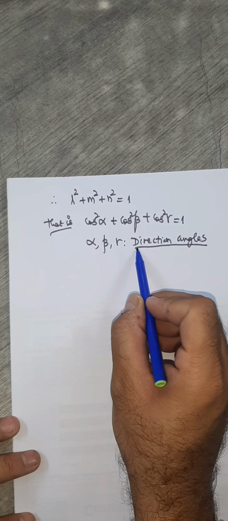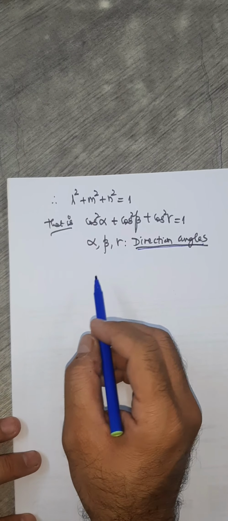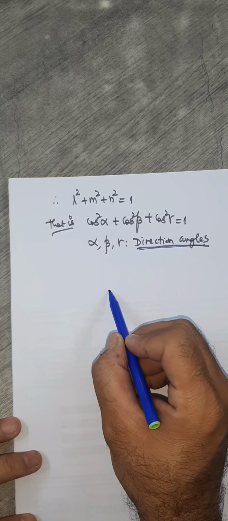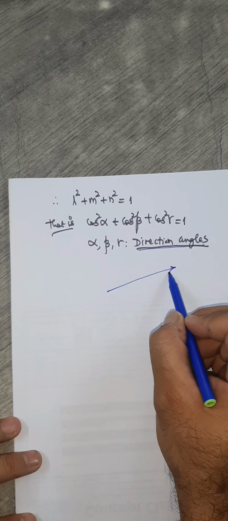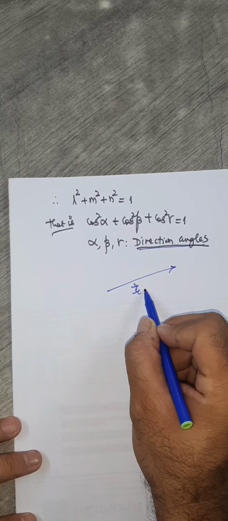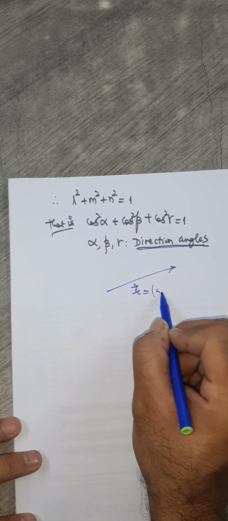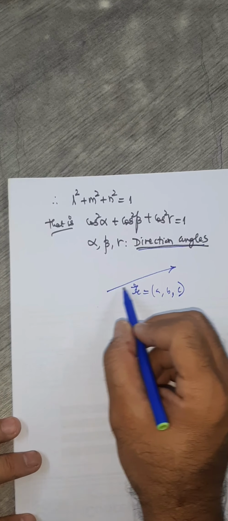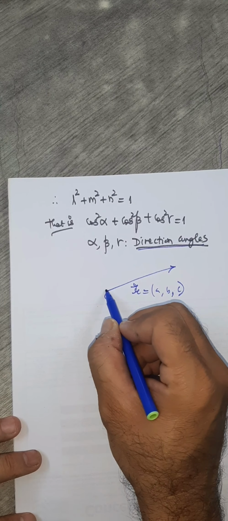Now for a vector, if you remember, let's take a vector r with components a, b, c. These are the components of this vector.